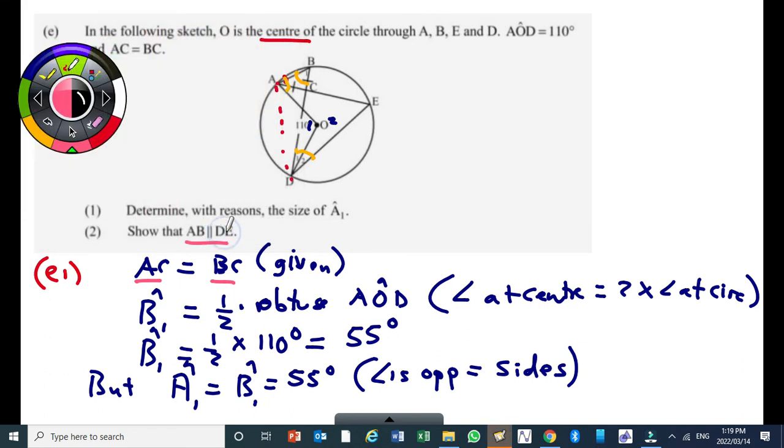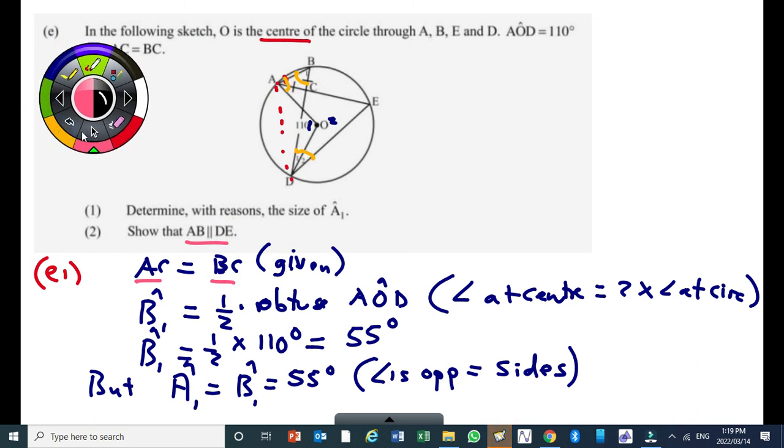Do you remember when I told you about the butterfly? I think it was last week. Okay, let's identify the butterfly. If you look at this diagram, we have got a butterfly here.